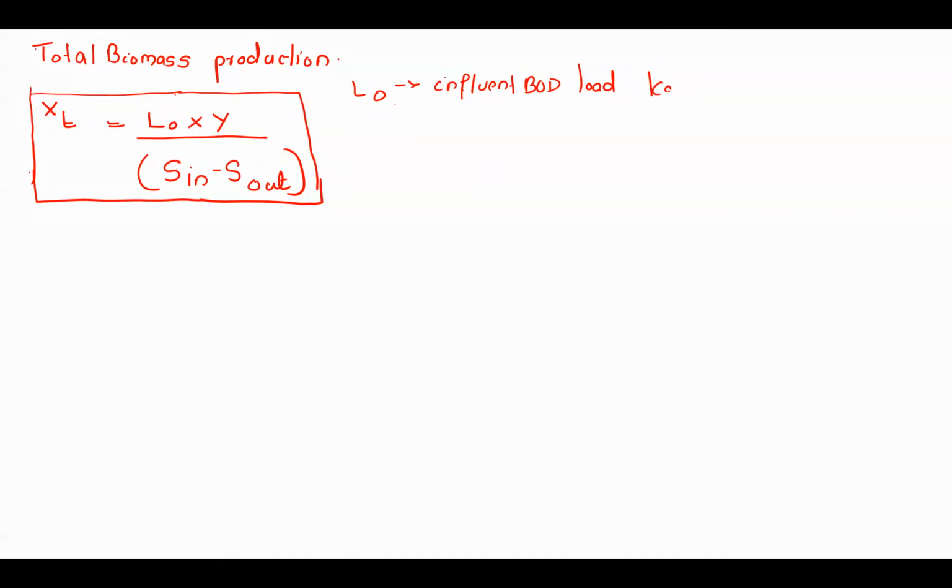This is in kg per day. Then Y is the yield coefficient, which is already given. It is kg biomass per kg BOD removed.